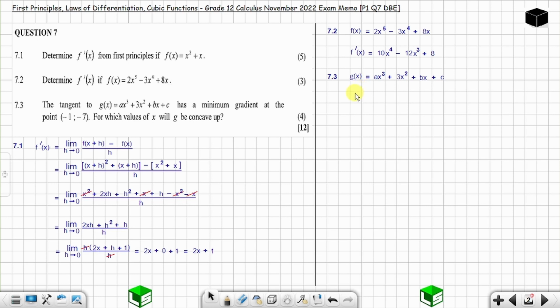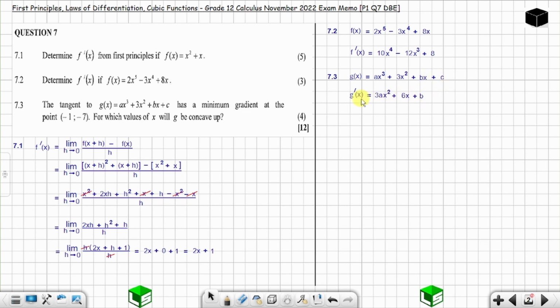The first derivative, g prime of x, is equal to 3 times a, which is 3a, x to the power of 2 when you subtract 1 from the exponent, plus 6, 2 times 3, x to the power of 1, plus b, and then plus 0, since this is a constant.